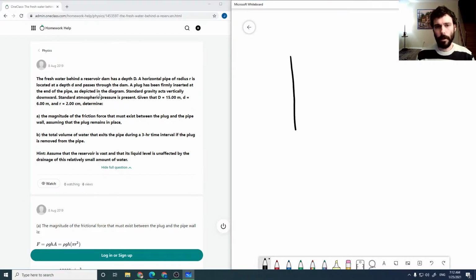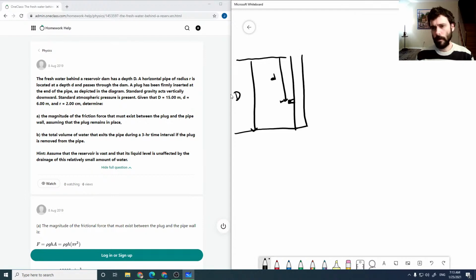So we've got a dam of depth D. And then we've got a pipe of radius R located at a depth D that passes through the dam, and we've got a plug firmly inserted in the pipe.